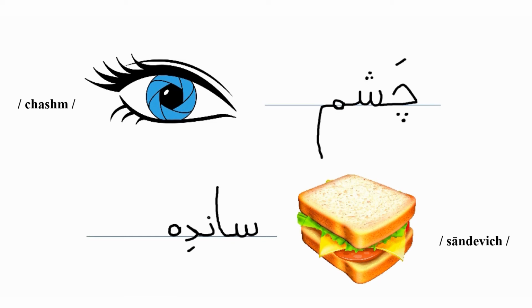Sandev. Then comes the long vowel e, sandevi, and finally che at the end of our word. Sandwich, with 3 dots here.